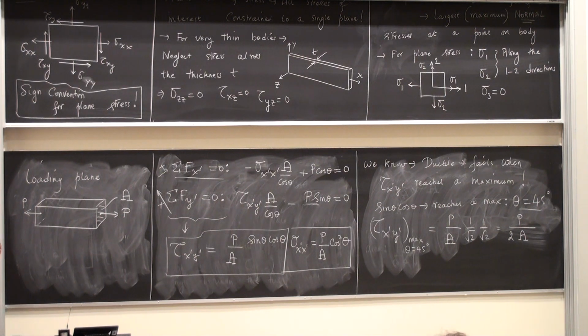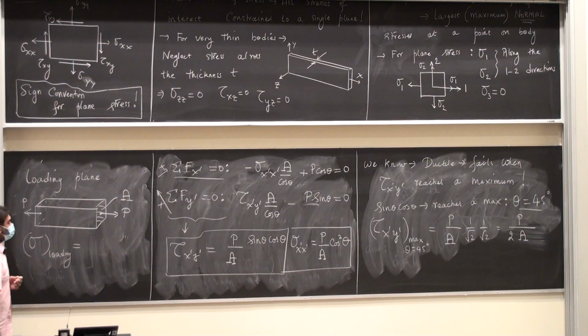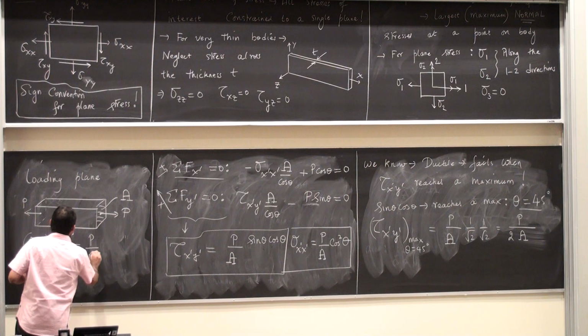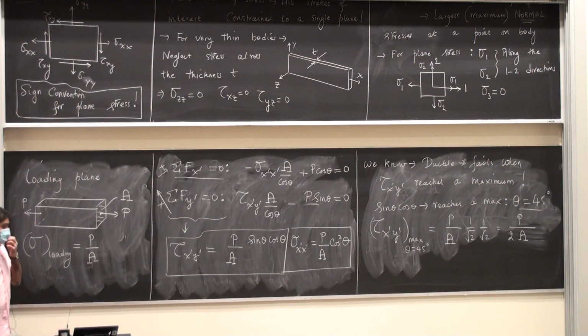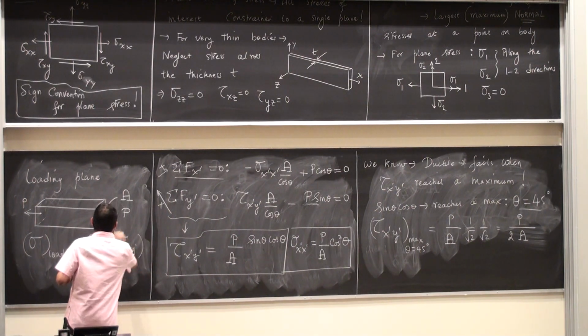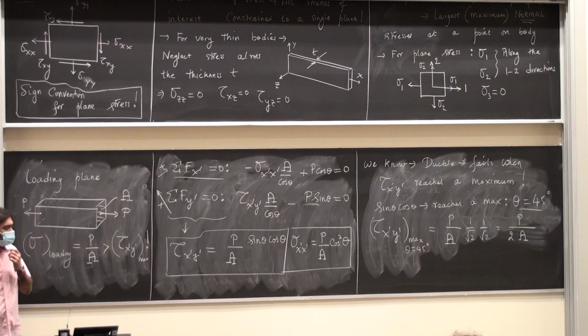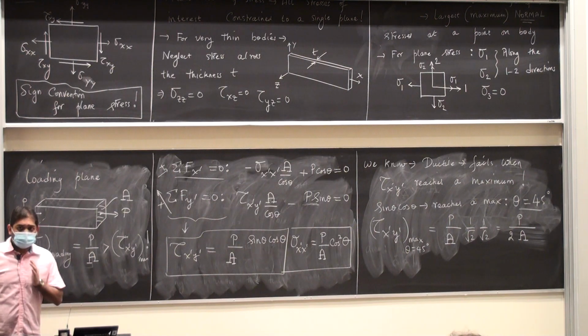So sigma on the loading plane is P by A, and this is actually greater than tau x prime y prime max. And which is why materials are weird, because you don't know when to predict their failure. You have to have experiments.